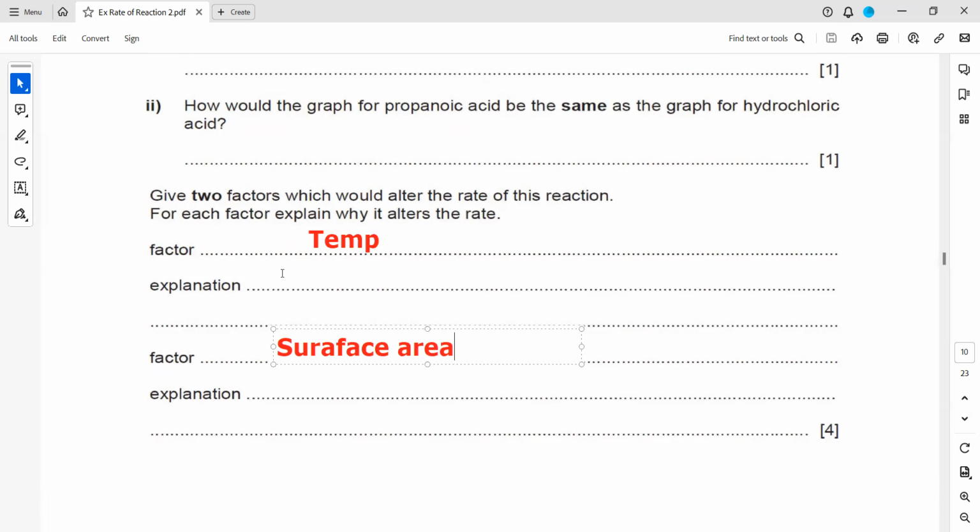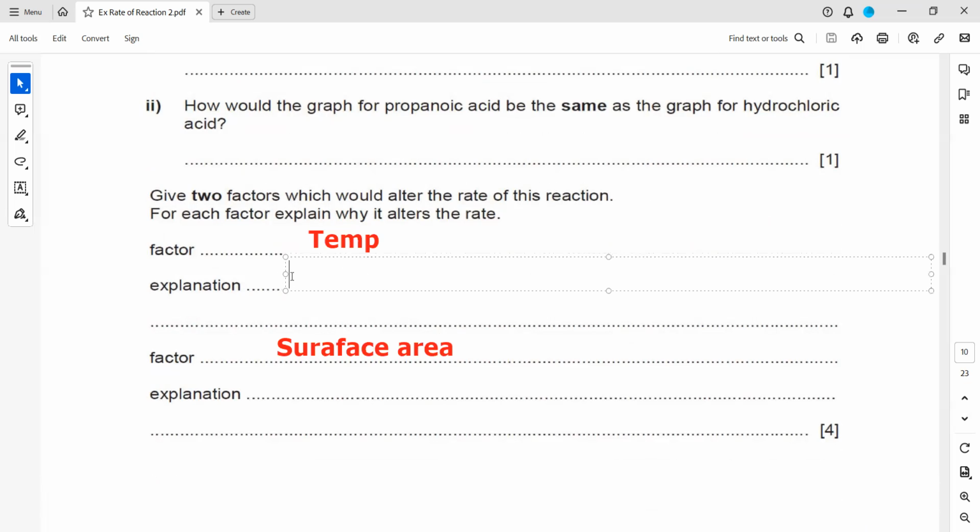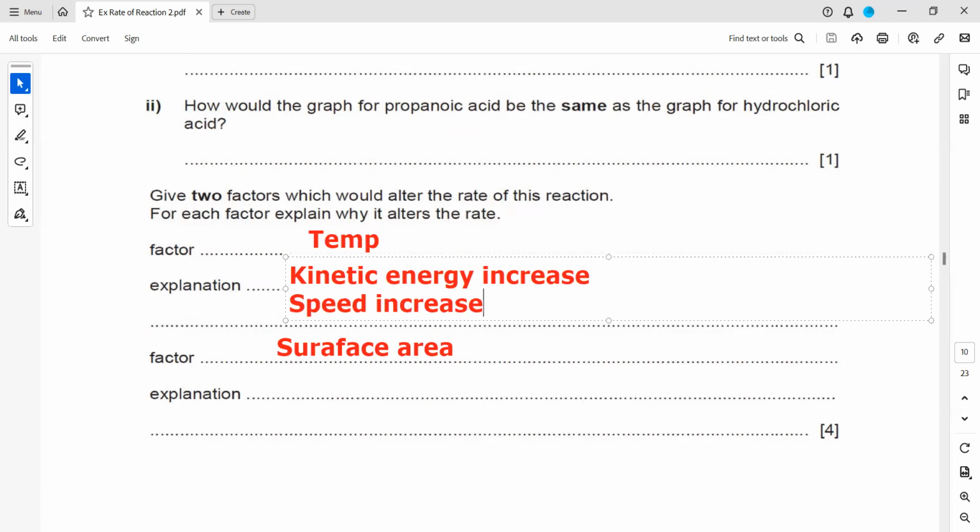And if you change the temperature, what will happen? What is the explanation? The kinetic energy increases. As a result, the speed increases. And when the speed increases, there is a higher collision frequency.